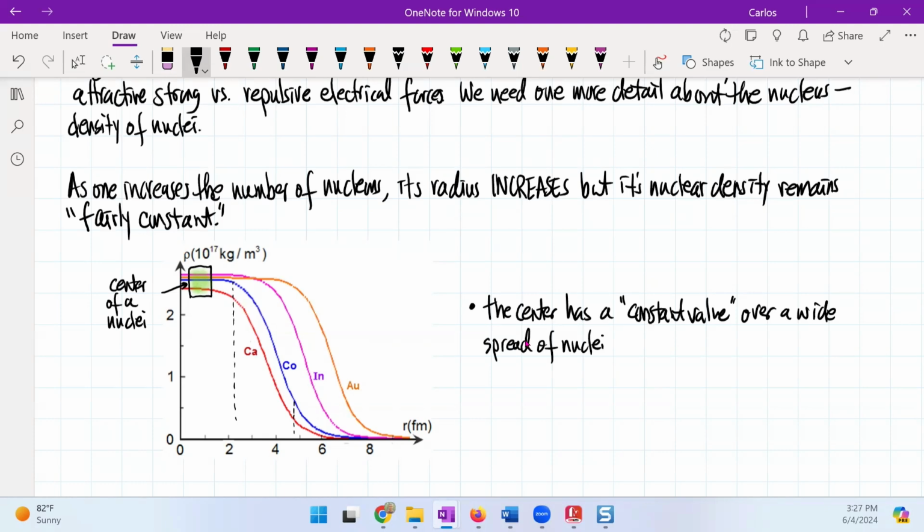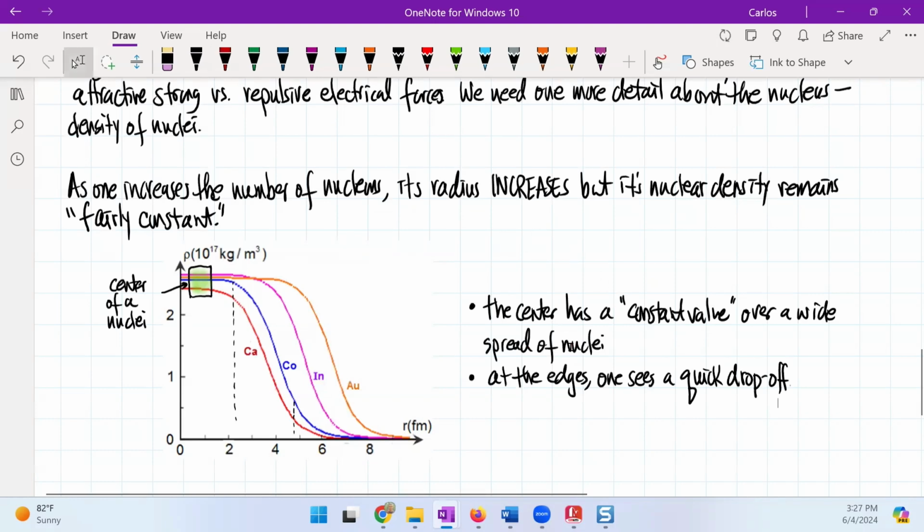So in other words, at the edges one sees a quick drop off.